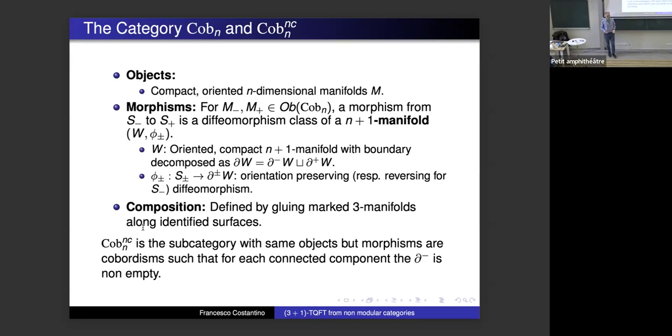Okay, so if you're interested, for instance, in closed 4-manifolds, let's say, you might say, oh, but a closed 4-manifold is not in Cob_n^nc. It cannot be seen as a cobordism from the empty to the empty because it doesn't satisfy this restriction. So it's bad, you cannot deal with closed 4-manifolds. Actually, this is not a true problem because for every manifold, you can canonically take out a small local ball, and you get a manifold with boundary, which you can think of as a cobordism from the sphere to the empty.